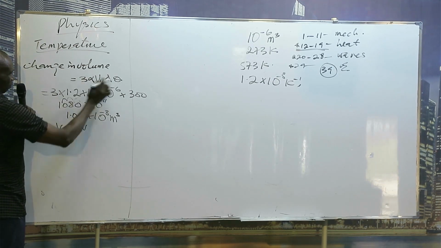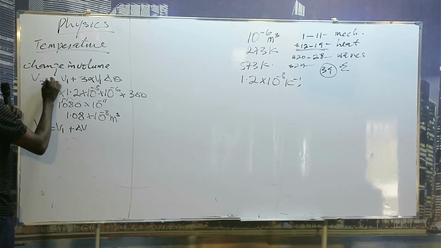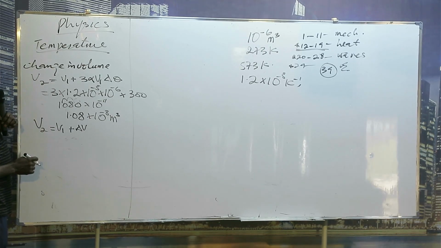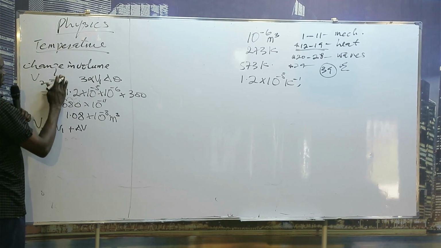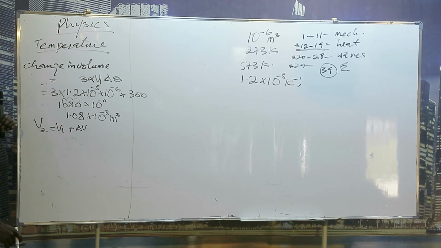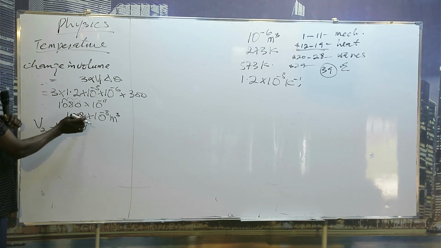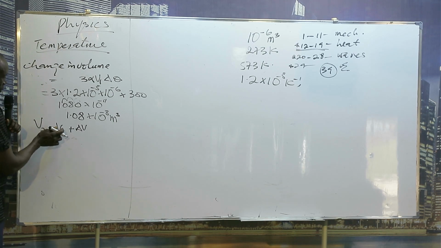If you add V1 to the change in volume, it becomes V2, the final volume.